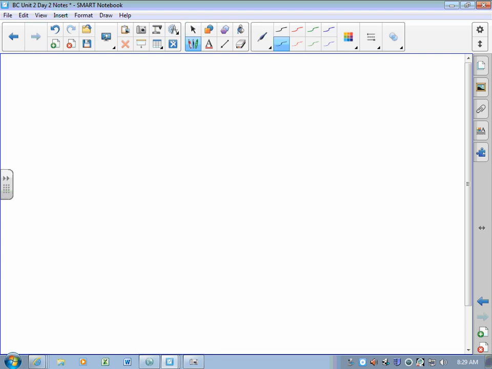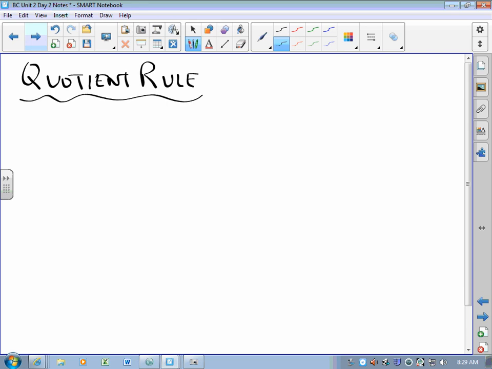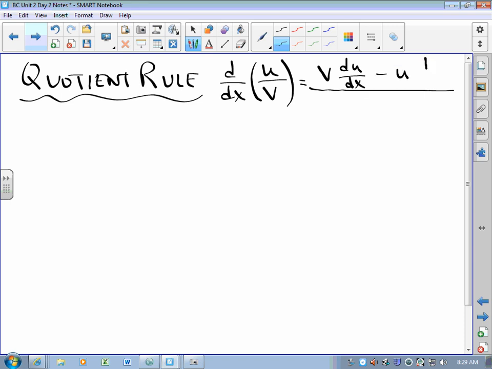The quotient rule for derivatives says that if you have the derivative with respect to x of some function that is a quotient of two functions, call them u and v, that is v times du dx minus u times dv dx over v squared.